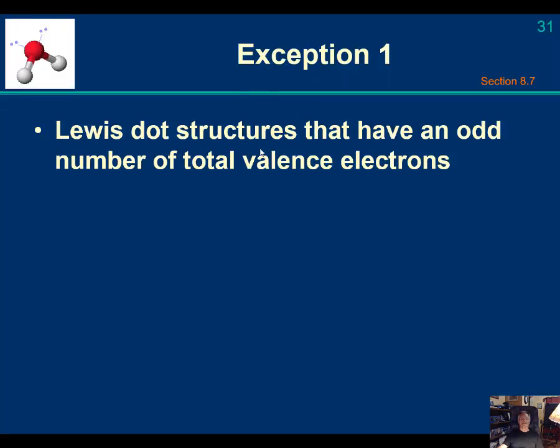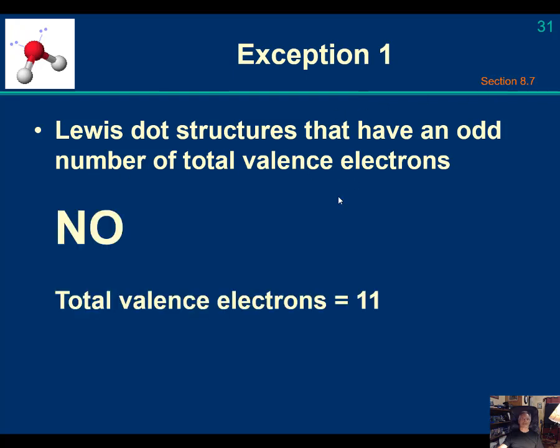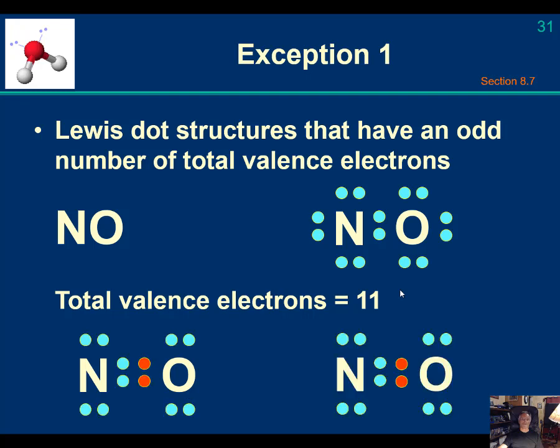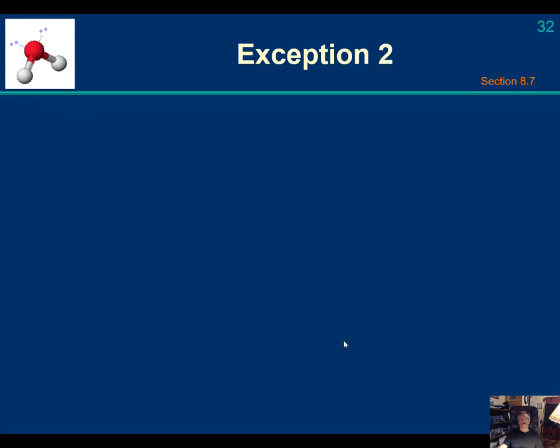So just to go back to the first exception in the PowerPoint notes, Lewis dot structures that have an odd number of electrons, there's your nitric oxide. It only has 11 valence electrons. We draw the structure. We wind up with 13. So we go ahead, we make a double bond over here, and then we have to get rid of one more. And so we wind up with the radical species, the species with the unpaired electron.